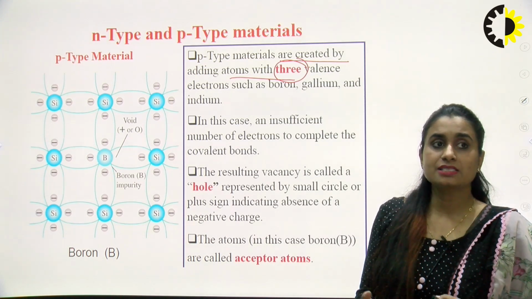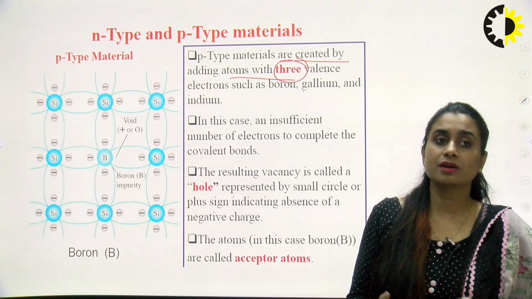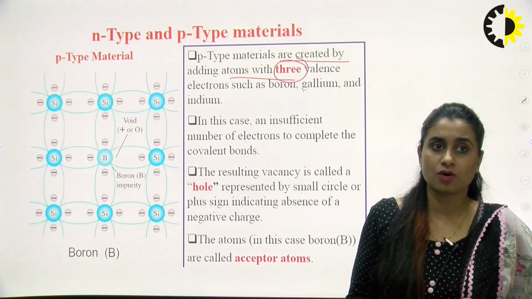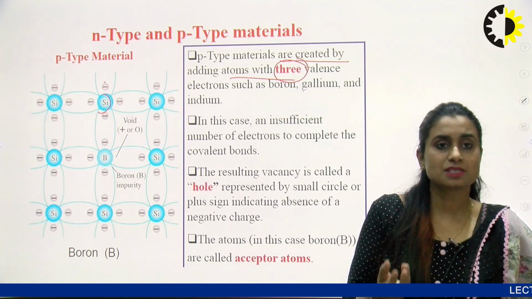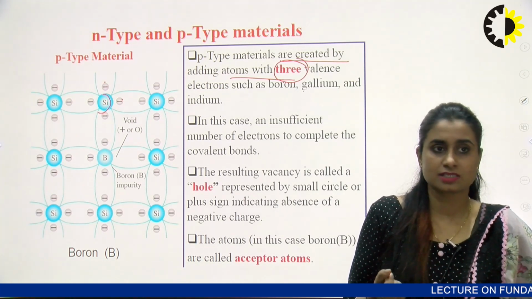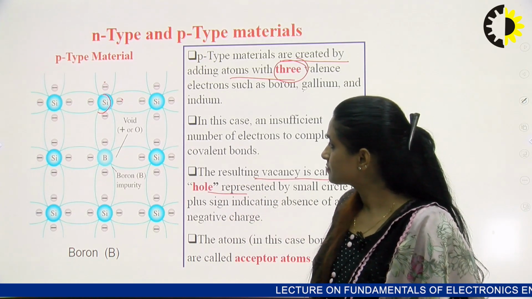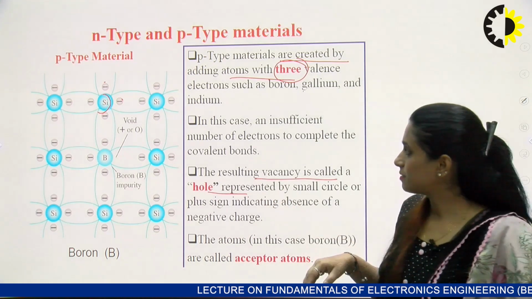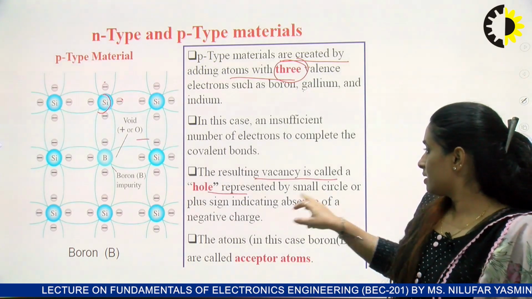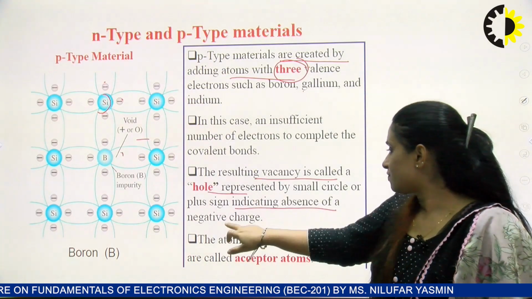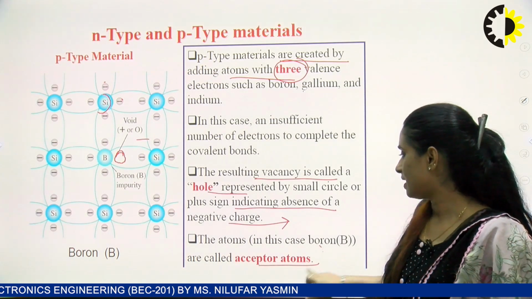When these are added to silicon, in case of an insufficient number of electrons to complete the covalent bond, there will be a hole available for the electron. Absence of electron, that is positive charge. It can be represented by a small circle, a void, or a plus sign indicating the absence of negative charge. The atoms are called acceptor atoms here.